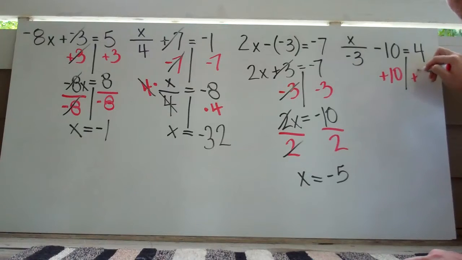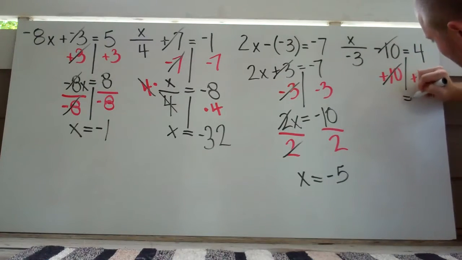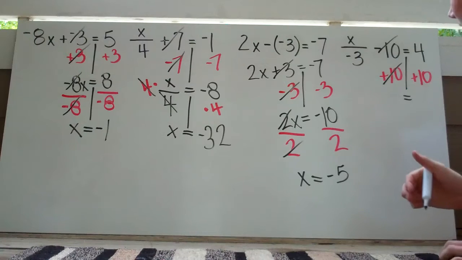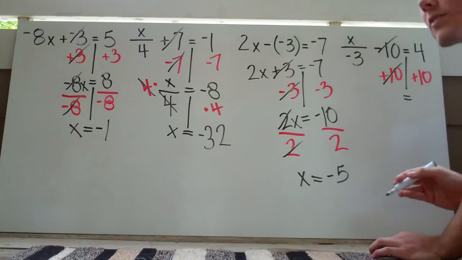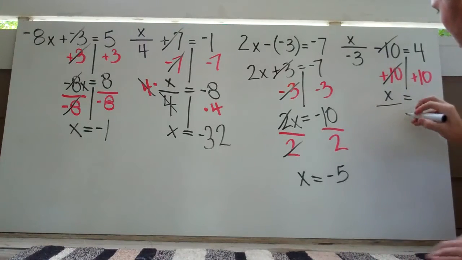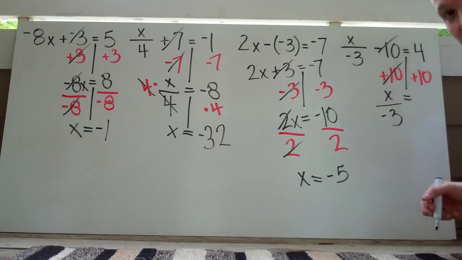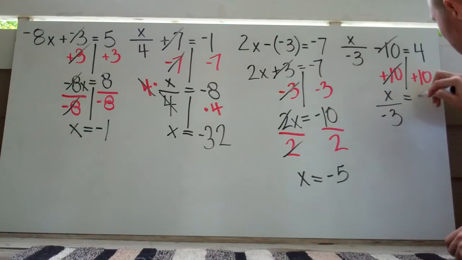I'm going to do that to this side also. These are going to cancel, because they're opposites, they're gone. All I'm left with is x divided by negative 3 equals, and we have 4 plus 10. That's going to give me 14.